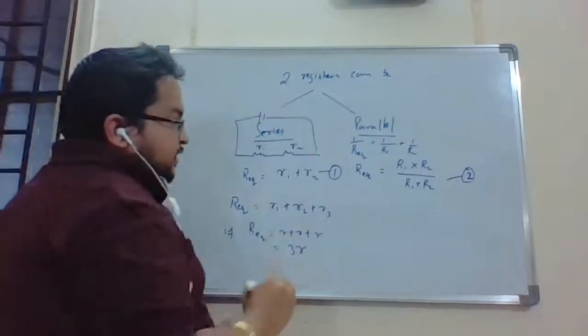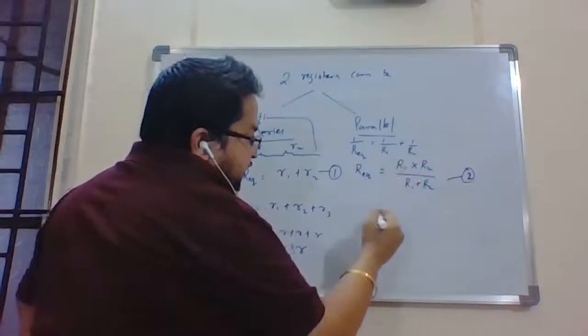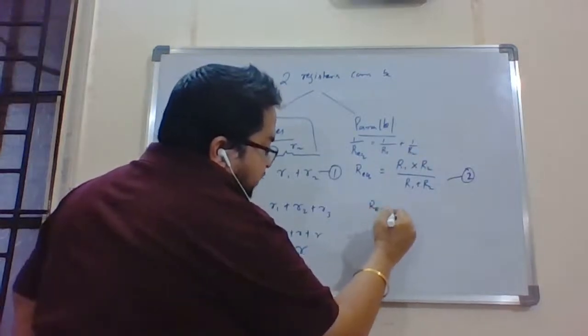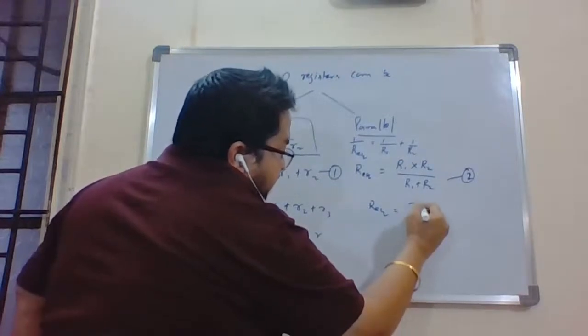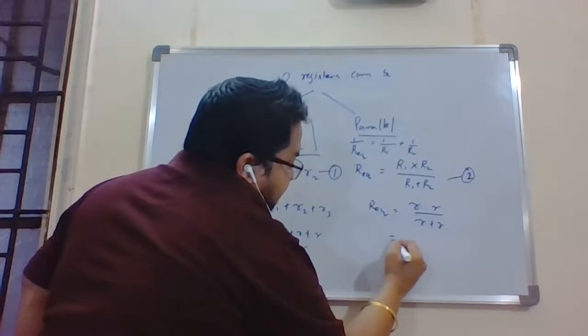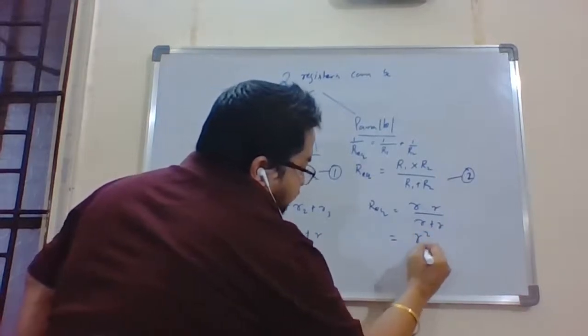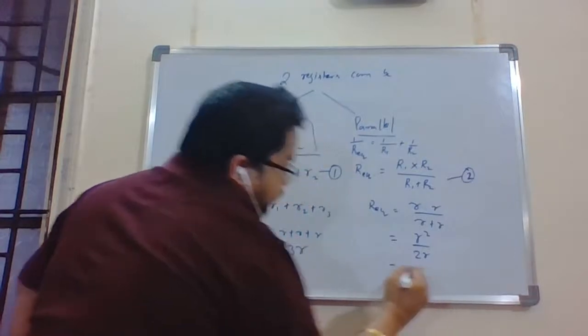And similarly, if two resistors are in parallel and both values are equal, then your R equivalent would be how much? Your R into R by R plus R, so that is nothing but R squared by 2R, or R by 2.